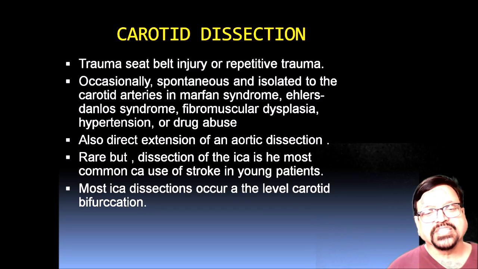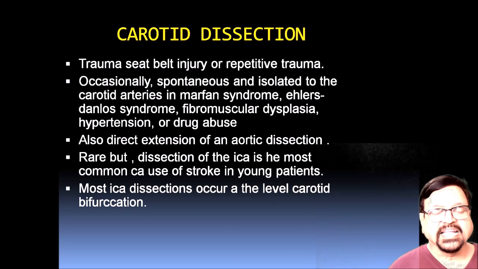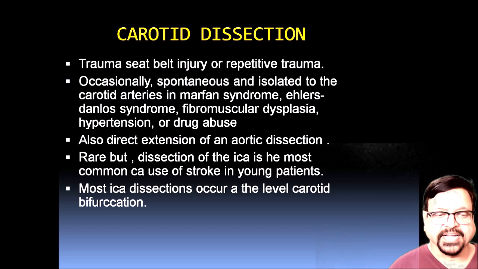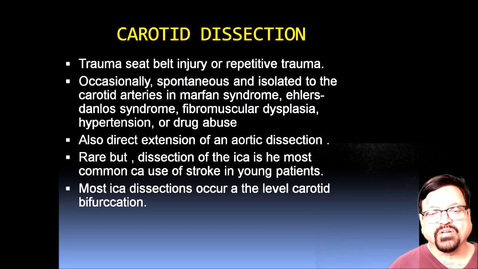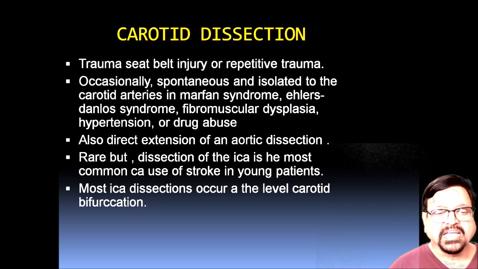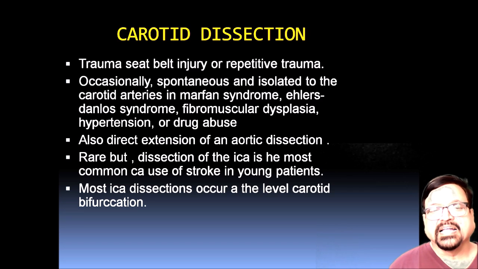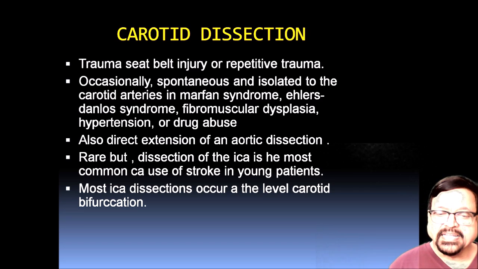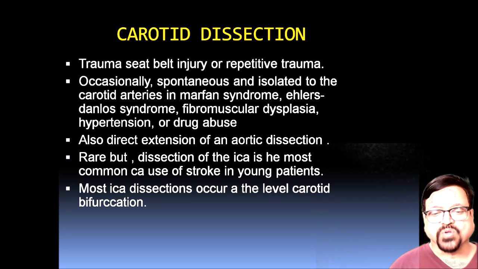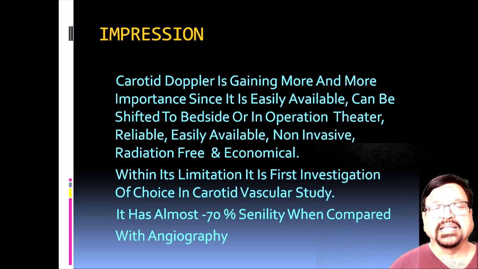Also, direct extension of an aortic dissection can continue into the carotid. Though rare, dissection of the internal carotid artery is the most common cause of stroke in young patients, and this should be thought of. Most internal carotid artery dissections occur at the level of the carotid bifurcation.